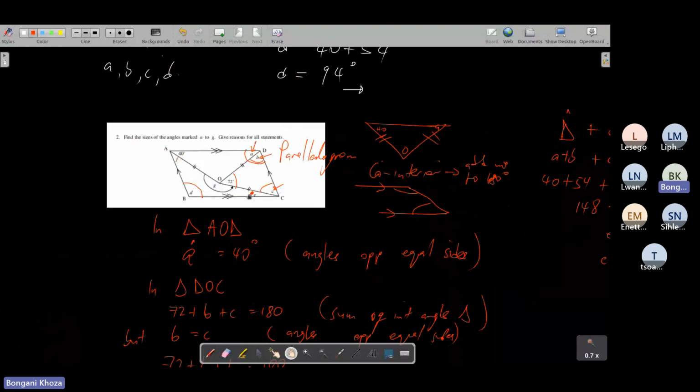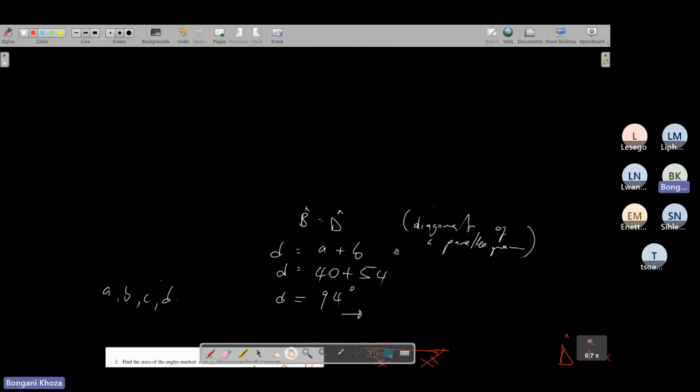Now let's see if we can find F over here. So we can still use the same principle we used. We can use co-interior angles over here, or we can use the opposite diagonal angles over here. So we can use two methods. I think co-interior is still fine.